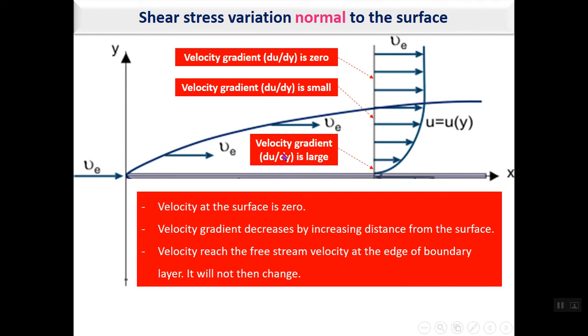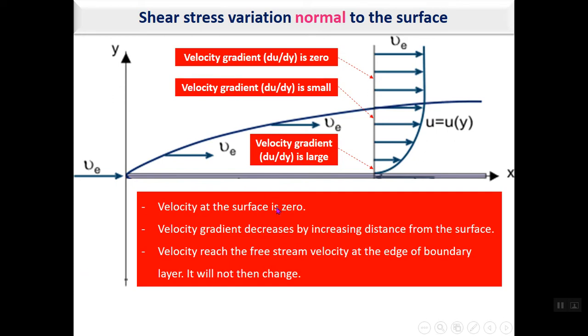As you can see here, this is the velocity profile. We discussed that velocity at the surface is 0. Velocity gradient du over dy is large near the surface, and the velocity gradient will be smaller far from the surface. And finally, velocity gradient du over dy is 0 outside the boundary layer.